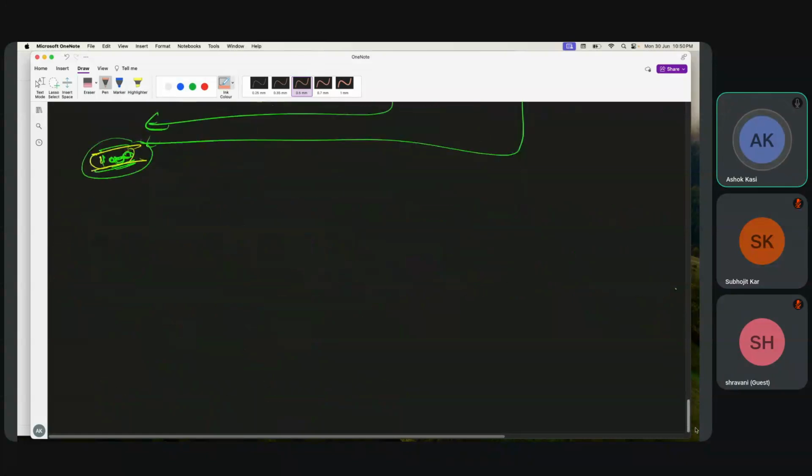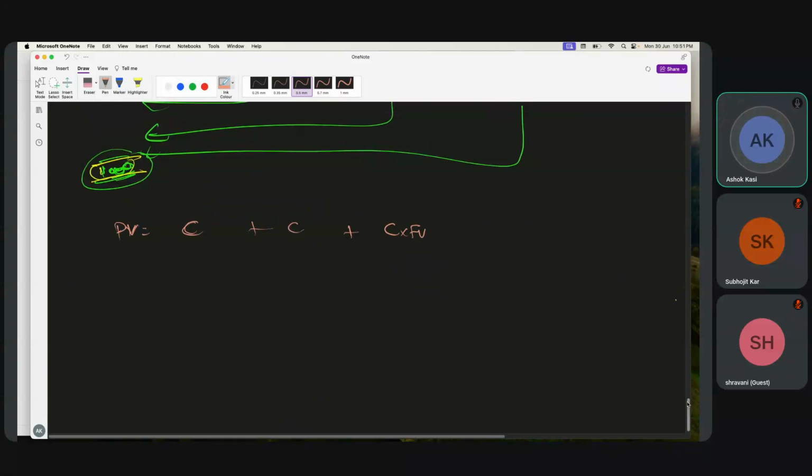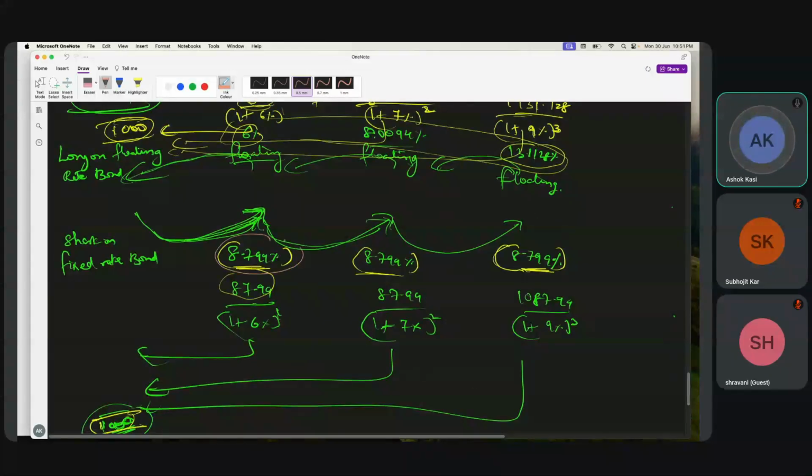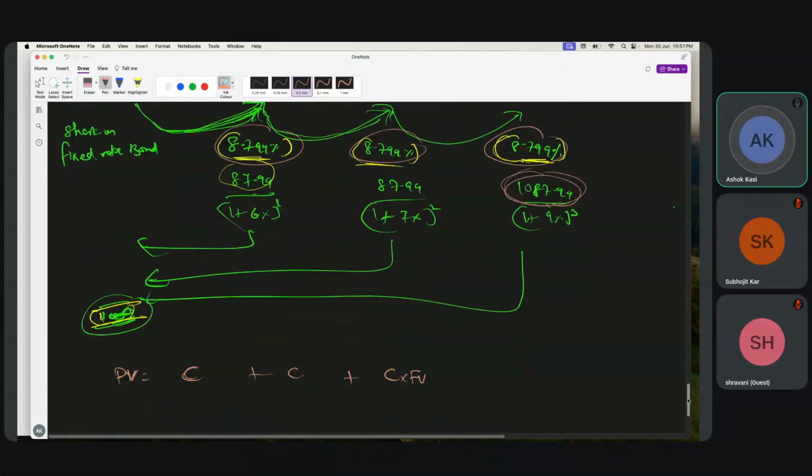See, present value is equal to first year coupon, second year coupon, and third year coupon, and then the future value. This step is okay: coupon, and then coupon, and then the total amount 1000.